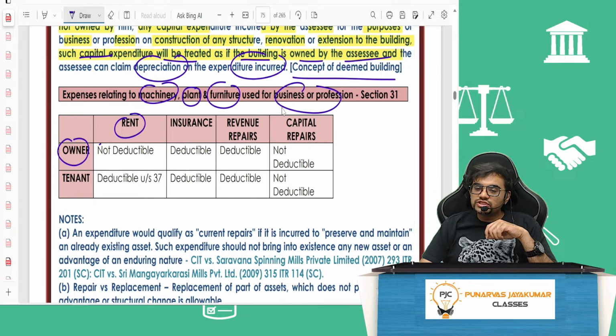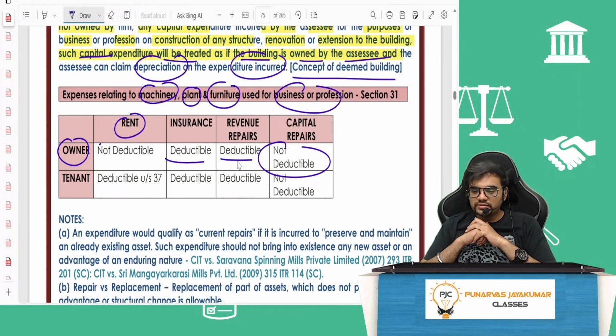The owner paying insurance for plant, furniture, machinery against damage for fire, etc. Is it deductible? Yes. Revenue repairs are deductible. Capital repairs are definitely not deductible. On the other hand, the tenant is paying rent. Is it deductible under 37? Of course it is. That's why he is paying rent.